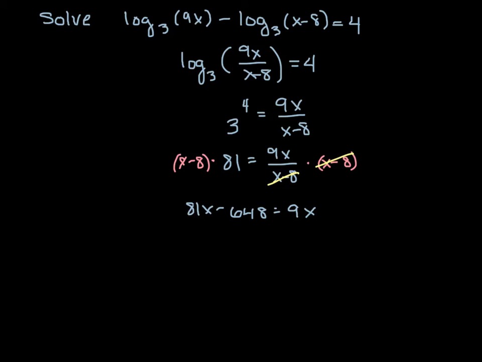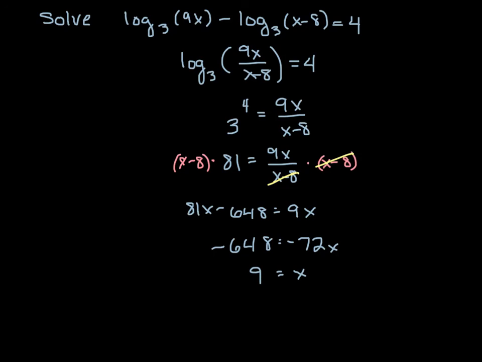Get all the x's to one side, so we got negative 648 equals negative 72x. And that means x is going to equal very simple 9.